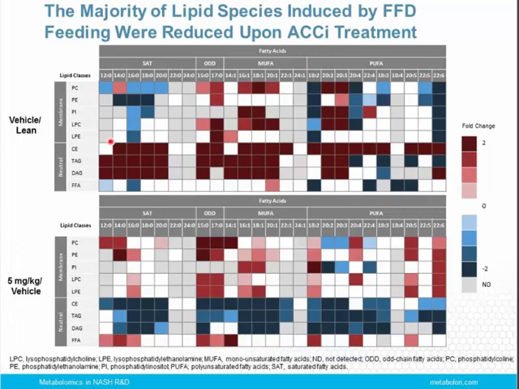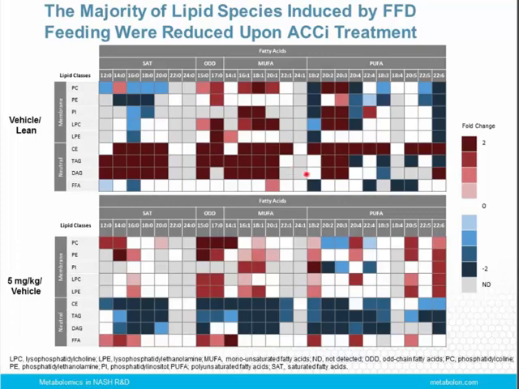This top box is the vehicle over the lean. So this is telling you what's happening on the diet. And then below, you can see that with acetyl-CoA carboxylase inhibition, you have a repression of these. And for the most part, as you look across all of the species, those that are down with the diet seem to be increased with acetyl-CoA carboxylase inhibition, and vice versa.